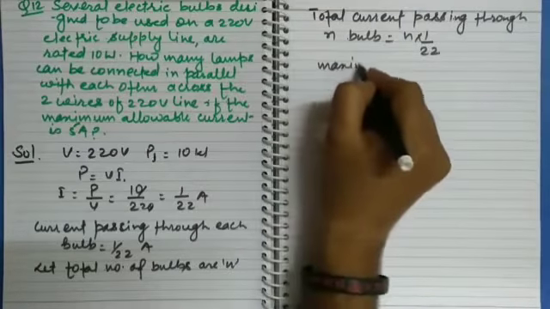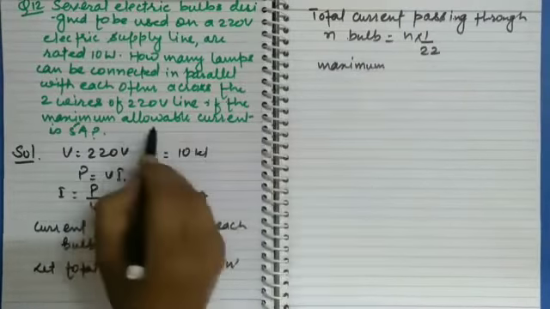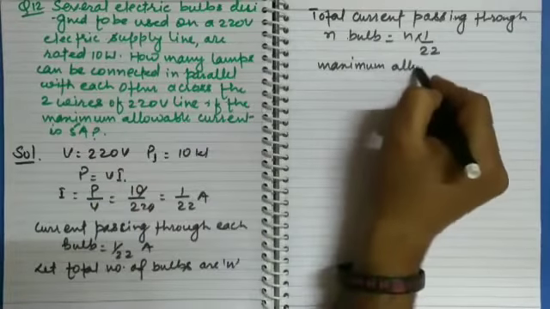The maximum allowable current equals 5 ampere, which is given.